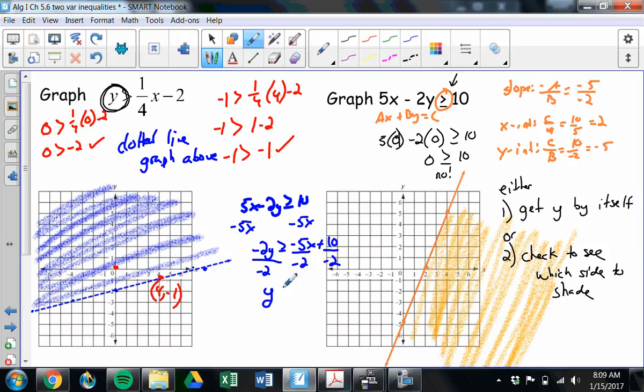We would get y is less than or equal to 5 over 2 x minus 5. When you divide by a negative number with inequalities, the direction the inequality is pointing flips, and that's why what we thought was supposed to shade above actually shades below. So either always get the y by itself and then graph, or just check to see which side you're supposed to shade. A lot of people prefer the second option because it's pretty simple to plug in 0, 0 and see which point works or doesn't.